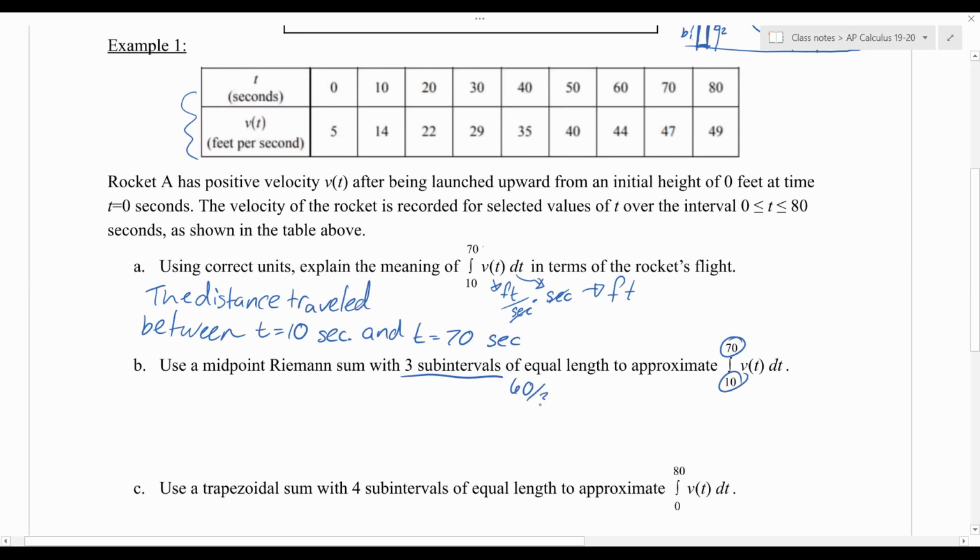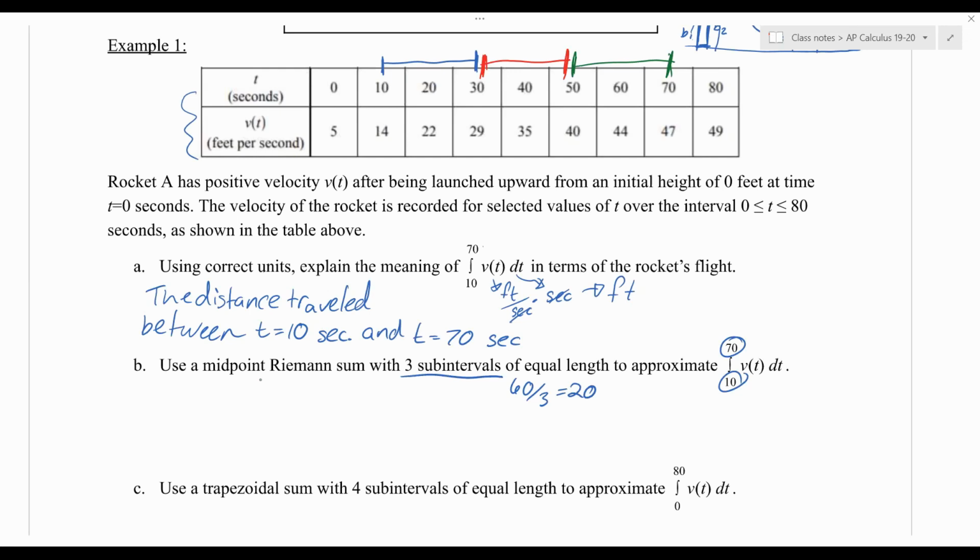And I'm dividing it by 3 for my 3 subintervals. So that gives me 20 seconds. Starting at 10, 20 seconds later is 30, 20 seconds later is 50, and finally, 50 to 70.